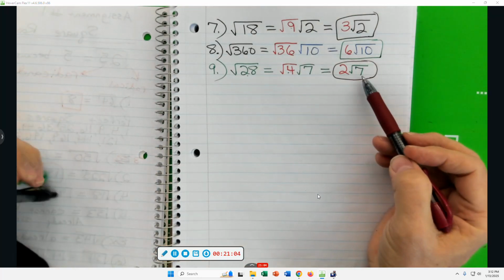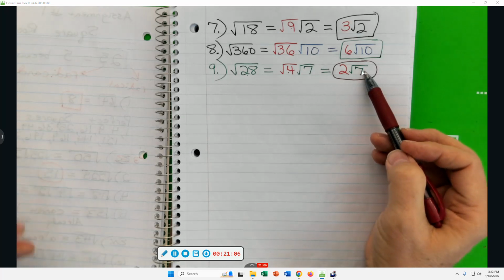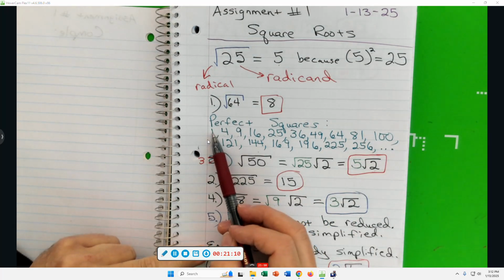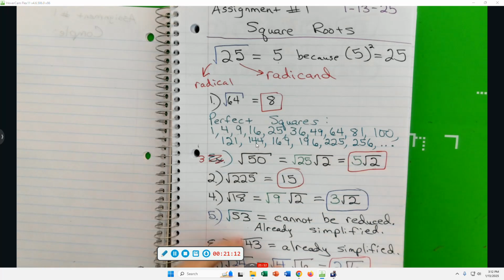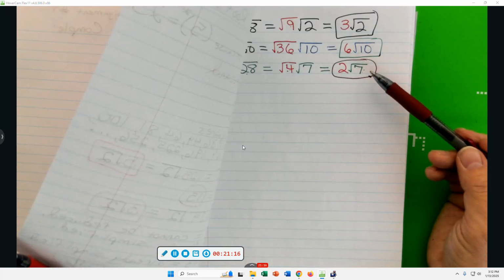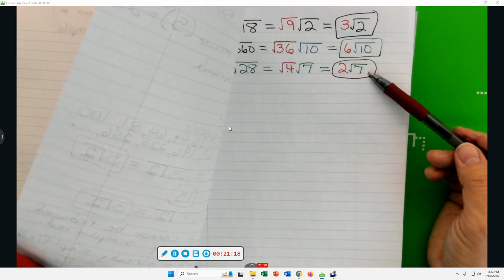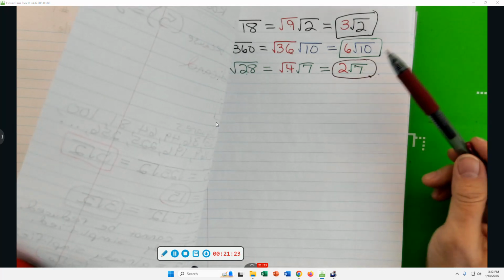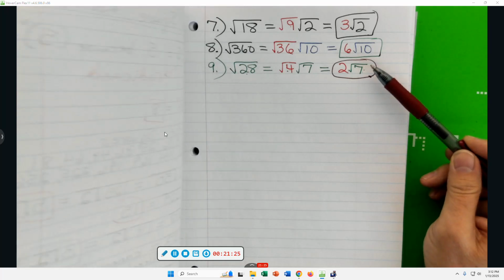Once again, the number under the radical can't be divisible by any perfect square other than 1. If there's a perfect square that divides evenly under that radical, then you're not through reducing. A student asked if you could reduce down further.